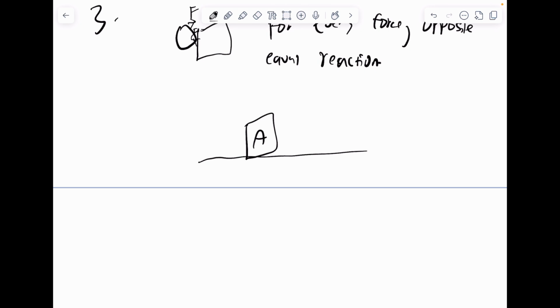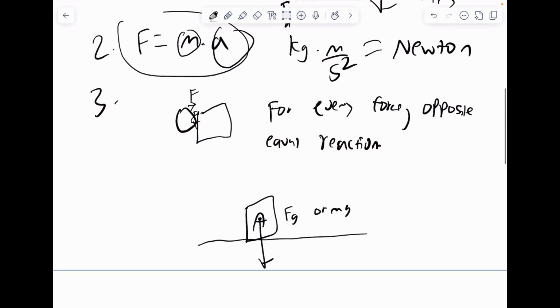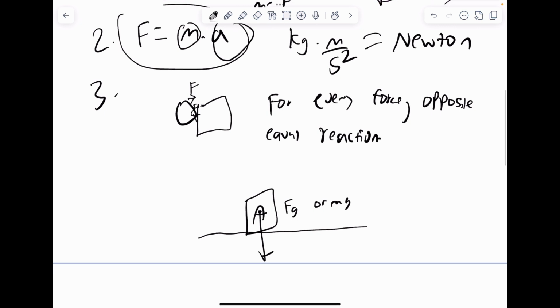The first is the force of gravity. We denote this as Fg, or mg, because g is the acceleration, if you remember from kinematics. If you plug g into the F formula, you'd get mg. Usually they'll say Fg or mg or some sort of notation like that.